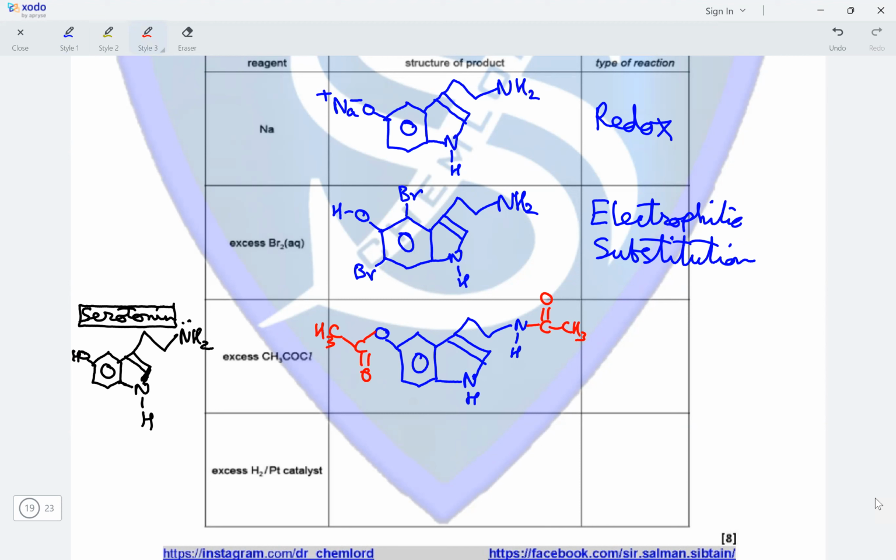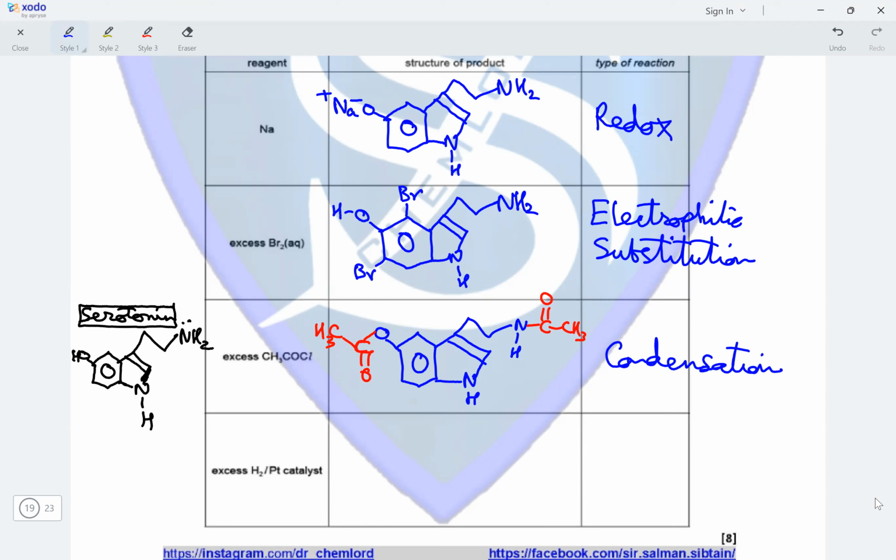So since this is formation of ester and amide, both of them are formed through condensation reaction. So the type of reaction would be condensation.